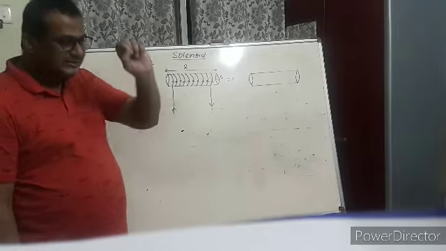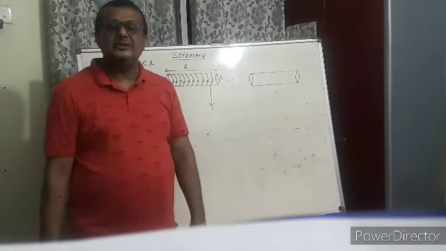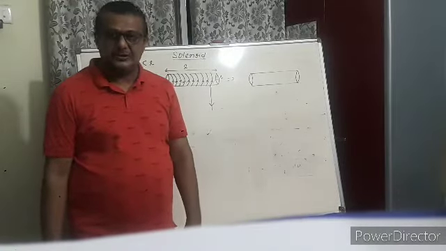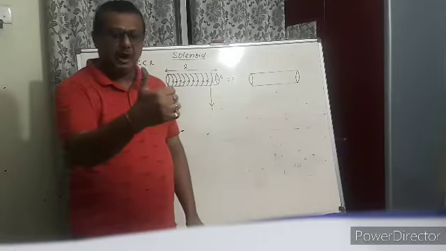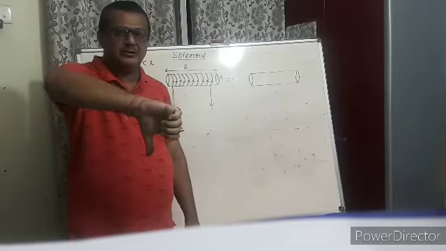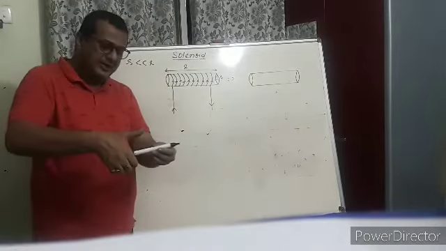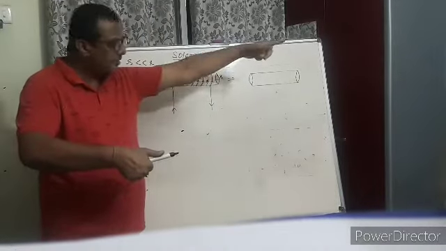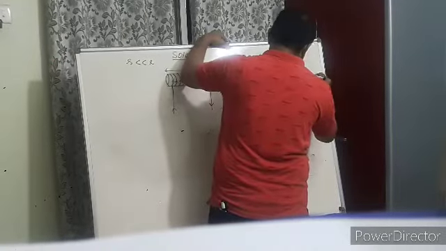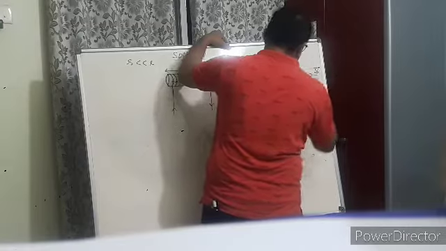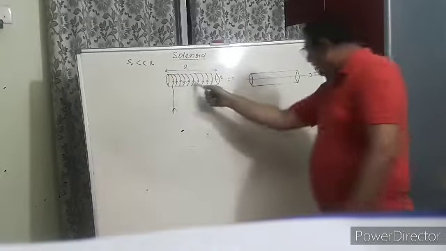So at the center of the turn, there will be a uniform magnetic field, either outward or inward. When we keep the turn like that, the magnetic field direction will be this one or this one. So this is the direction of the uniform magnetic field.